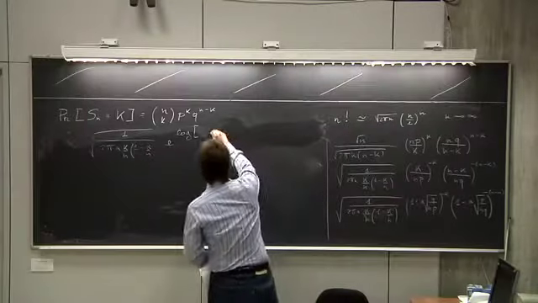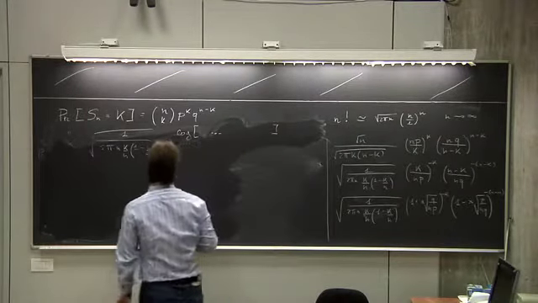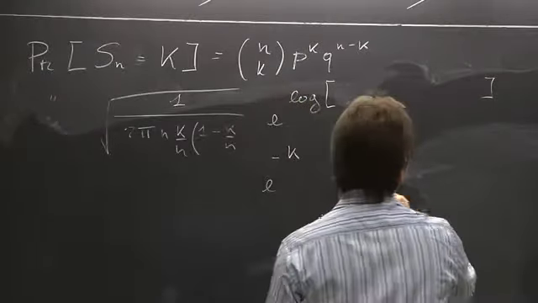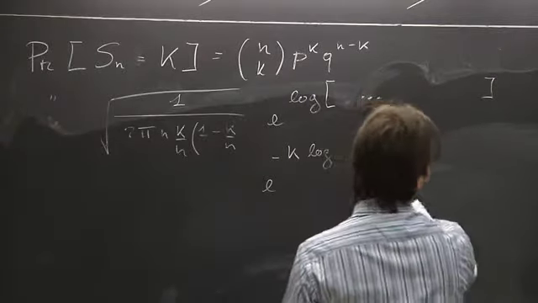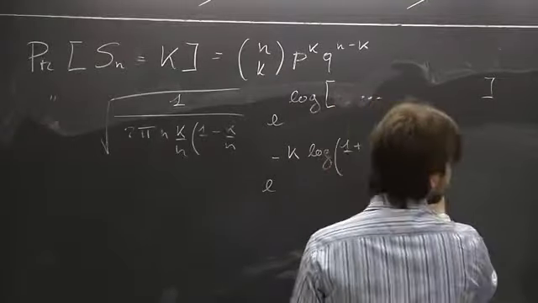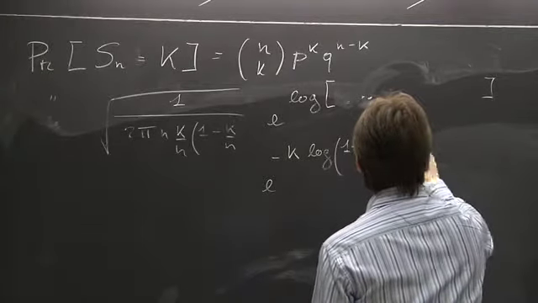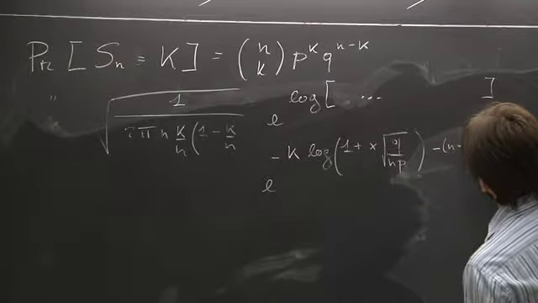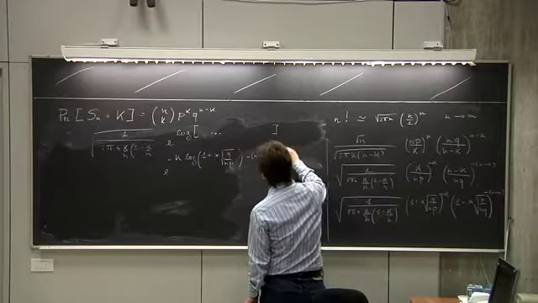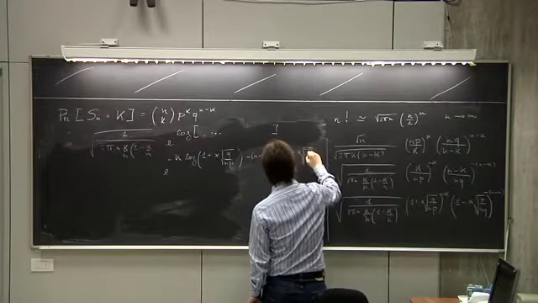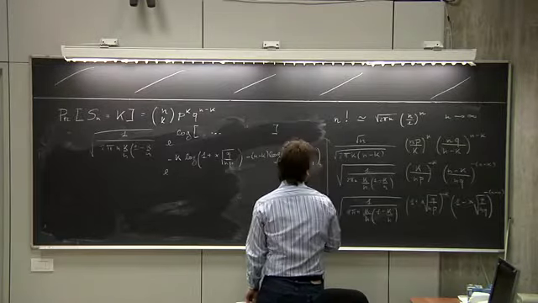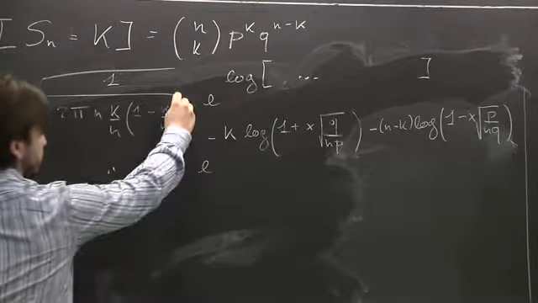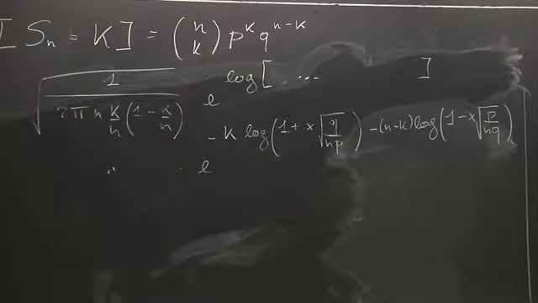Then you use the properties of logarithm and you get k minus... logarithm of... plus x. You have minus and minus k logarithm. This factor remains the same.